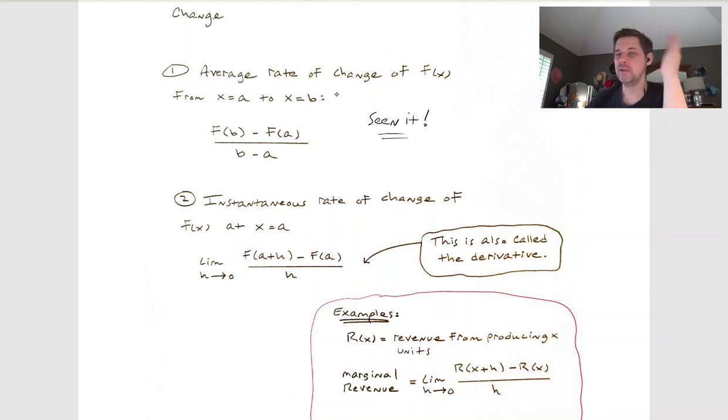The wording might be a little bit different in different situations or different problems, but you'll have a function and you'll have two numbers. And this number b, we'll see, will be bigger than that number a. Now, so much we've seen, right? That was the last video. This is how you calculate the average rate of change.